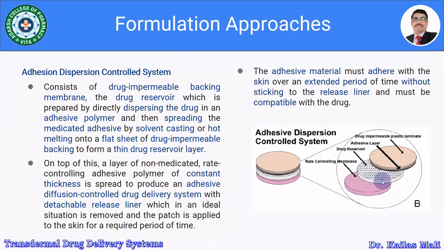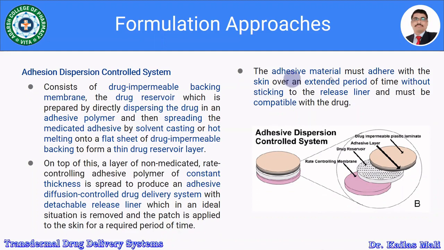On the top of this layer, a non-medicated rate controlling adhesive polymer of a constant thickness is sprayed to produce an adhesive diffusion controlled drug delivery system. The detachable release liner is removed and the patch is applied to the skin for the required period of time.